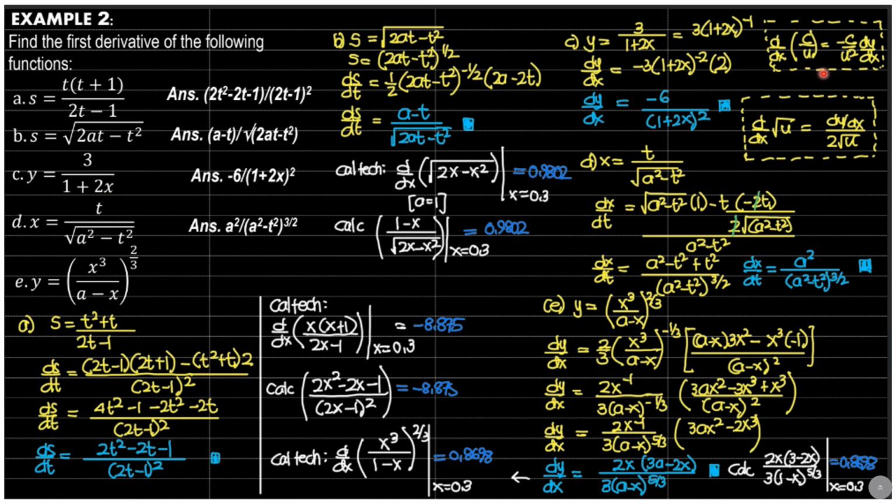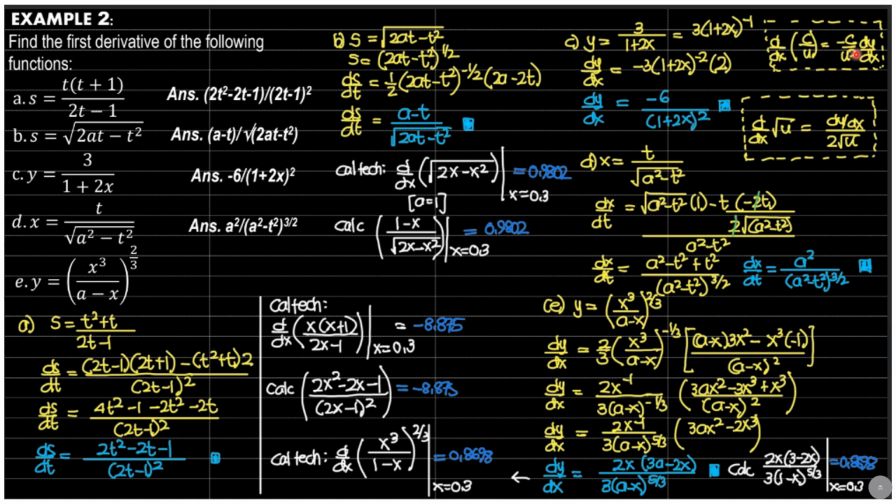You may use this guide if you want, but I'll just rewrite this so that I can apply the power formula. So 3 times quantity 1 plus 2x raised to negative 1. So dy/dx is negative 3 quantity 1 plus 2x to the negative 2 times du/dx. The derivative of 1 plus 2x is 2. So the final answer is negative 6 over 1 plus 2x squared.